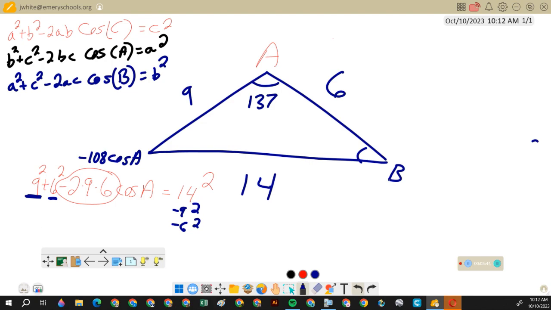Invert. So the cosine of A equals negative 0.73, so the cosine inverse of negative 0.73 is angle A. So if you know the angle, you use sine and cosine. If you're looking for the angle, then you use sine inverse and cosine inverse.